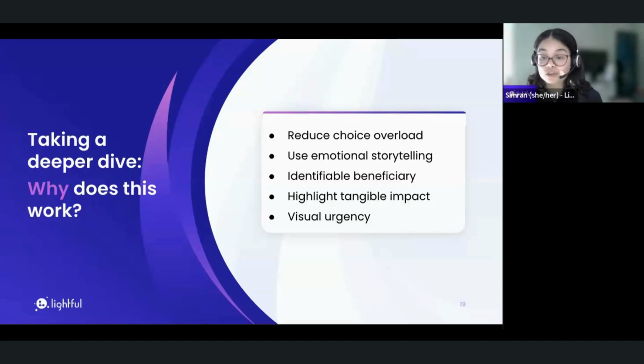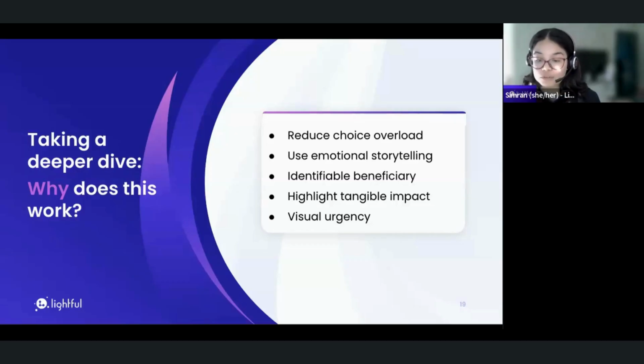This connects to the psychological principle of identity and values alignment. Donors give when they see their values being reflected back to them. I also recommend looking at seasonal framing. Whether it's Christmas, Eid, or Easter, all of this adds a temporal trigger, and people are more generous during holidays, and this copy reminds them of that.